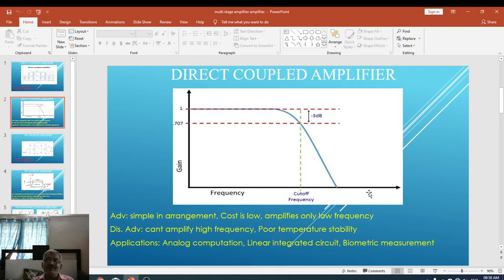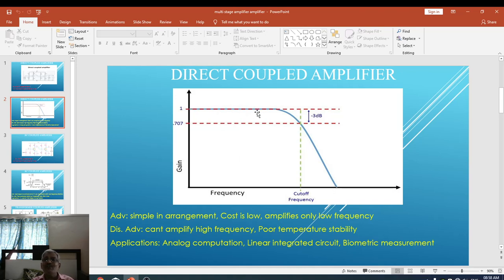Dear students, here is the graph of voltage gain against the frequency. On the x-axis frequency is taken, on the y-axis voltage gain is taken. We are going to get the frequency response as represented in this particular graph. What can we conclude from this graph?